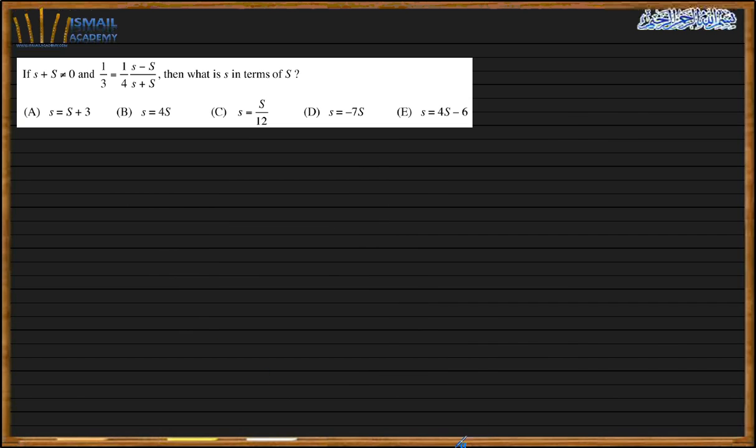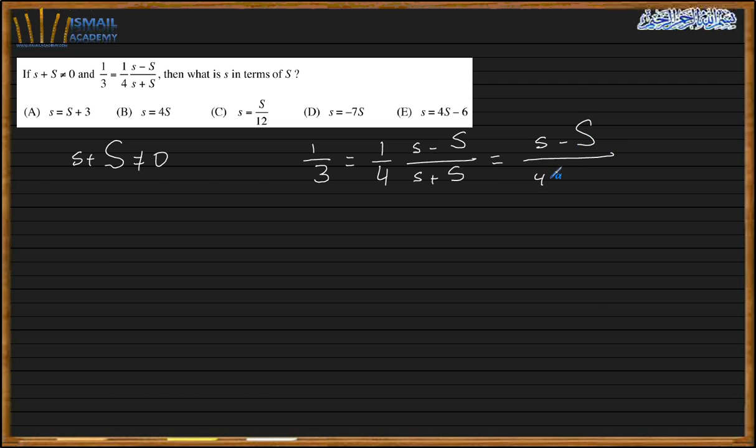Next question. So if S plus big S is not 0, they ask us to write down the small s in terms of big S. So I have 1/3 equal 1/4 s minus big S over s plus big S. So here, this is the same thing if I have s minus S over 4s minus 4 plus 4 big S because I distribute here.